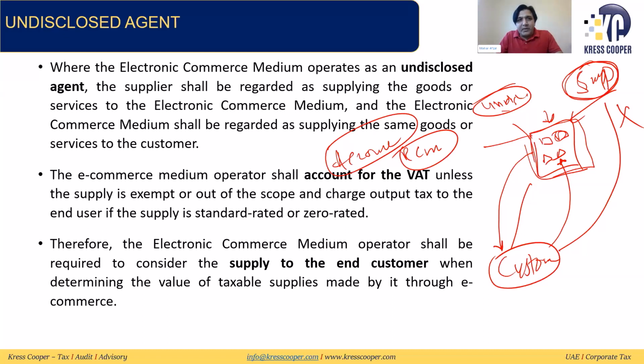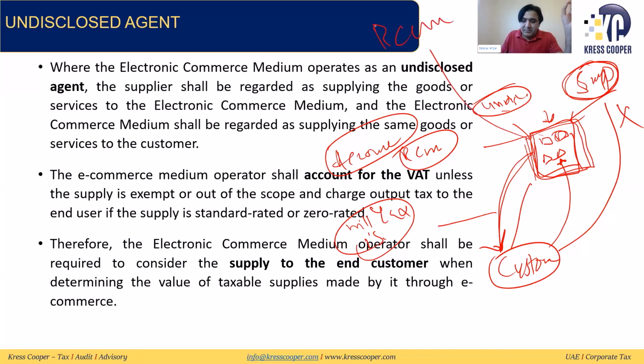Whenever this platform operator supplies the goods and services to the customer, it will issue a tax invoice by adopting the tax position, unless the goods are zero rated, exempt or out of the scope. When the platform operator receives the goods, it will apply the reverse charge mechanism. When these goods are supplied to the end user, the platform operator will charge 0% or 5% VAT, unless the goods are exempt or out of the scope.